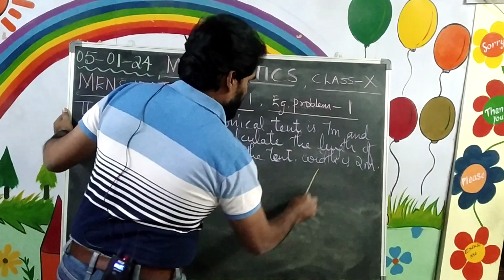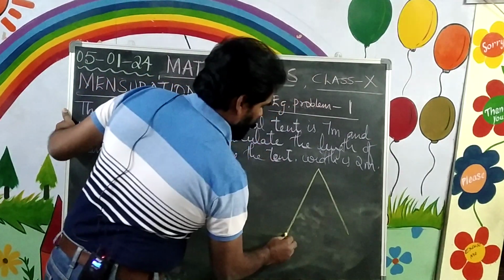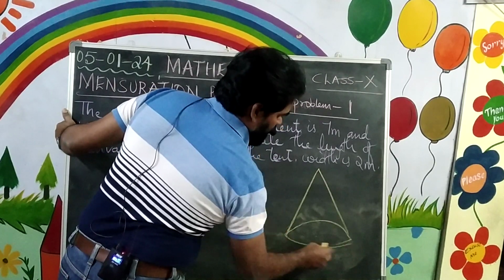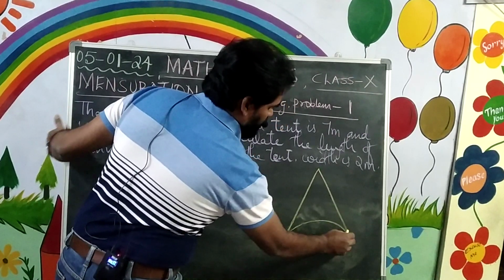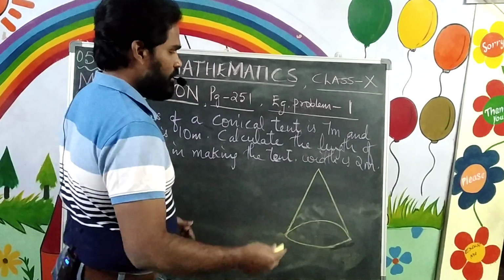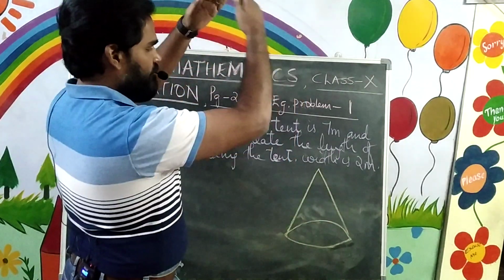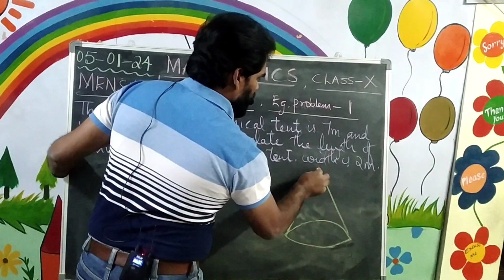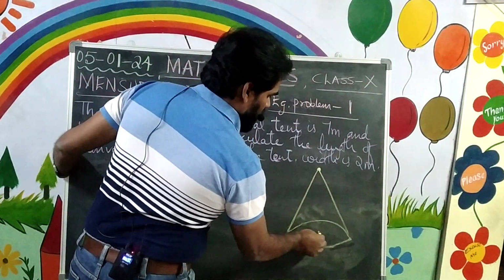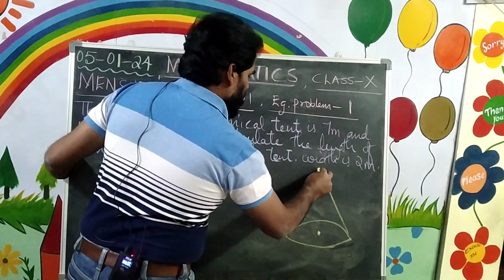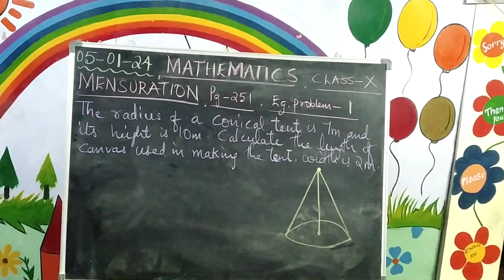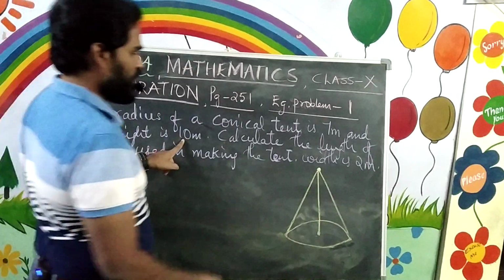For suppose if we draw the tent in the shape of a cone. This is the conical tent because the base is circular and the vertex is pointed. It's a cone, and from the vertex till the center of the circle at the bottom, when you draw a line, it is called the height of the cone or the height of the conical tent, which is 10 meters.